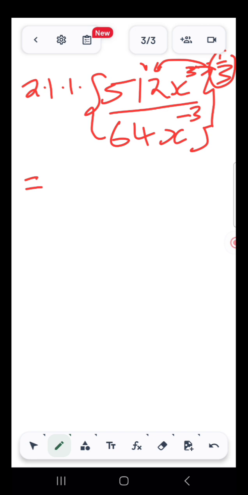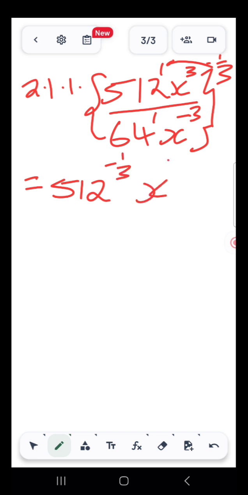So 512 has an invisible one, and 64 also has one. The variable in the exponent is your x. So 512 to the exponent of negative 1 over 3 times 1, which will be negative 1 over 3, and then x to the exponent of 3 multiplied by negative 1 over 3.